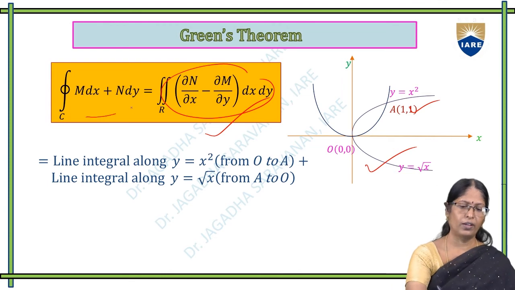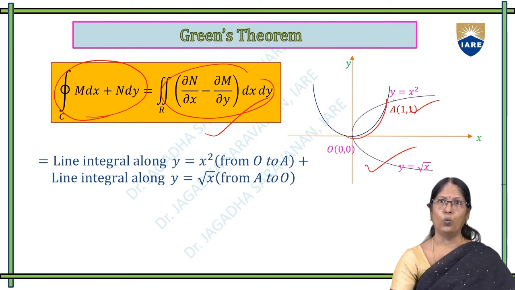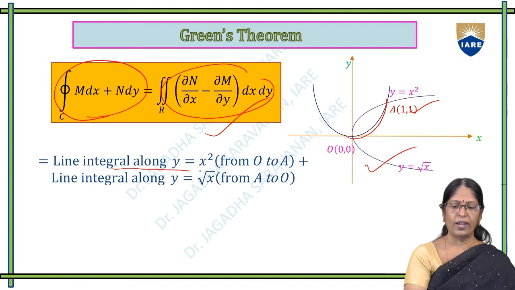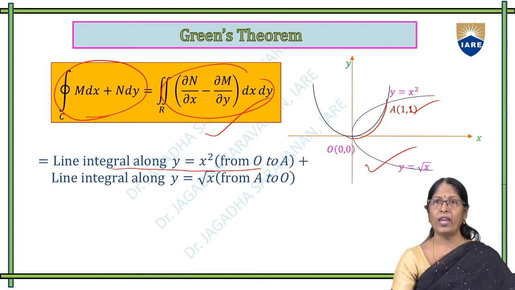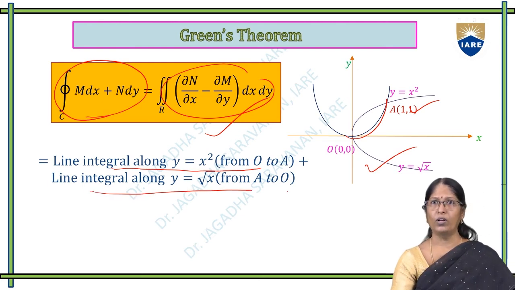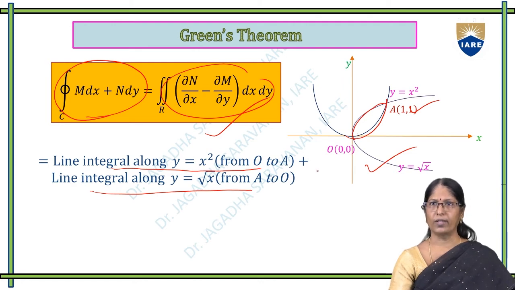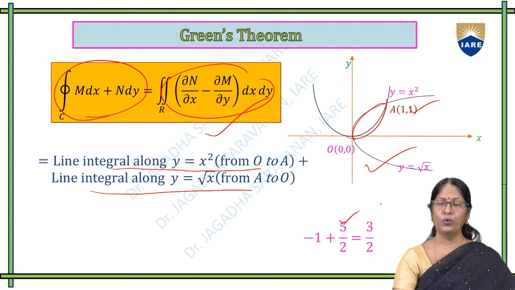Next, the line integral. First, the line integral along y equal to x square from O to A, that we calculated already, minus 1 we obtained. Next, the line integral along y equal to root x from A to O, just now we got the result, that is 5 by 2.